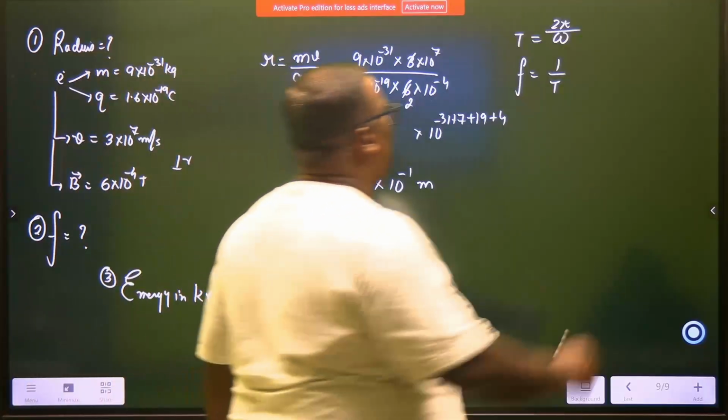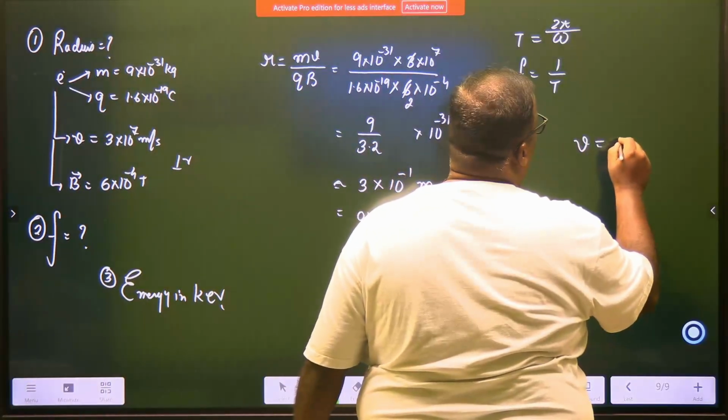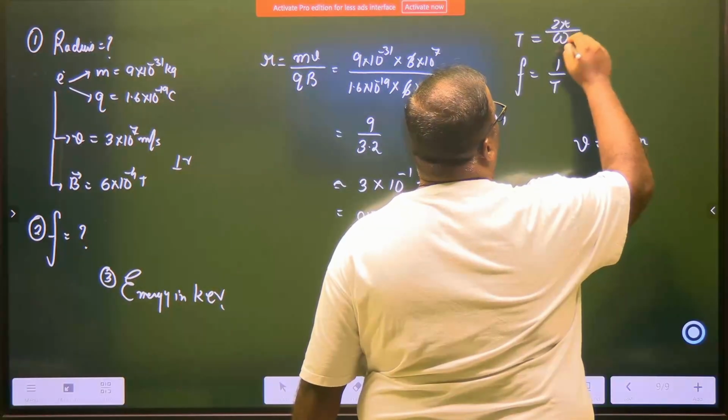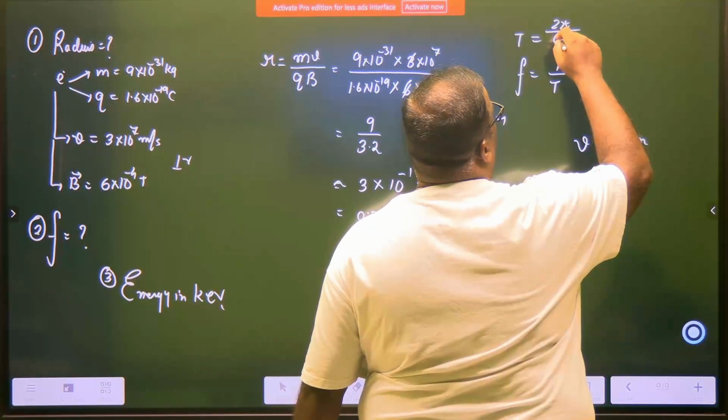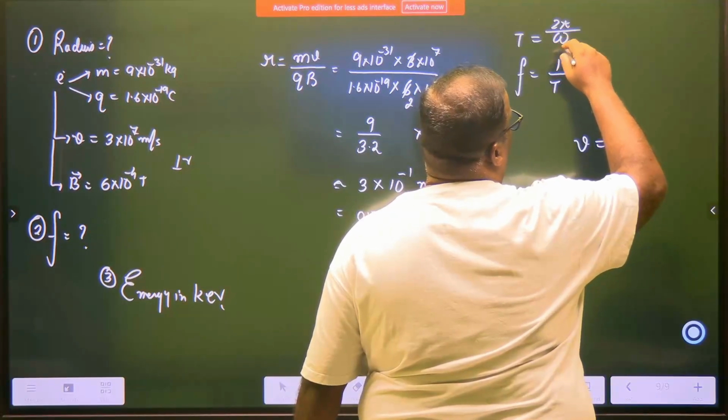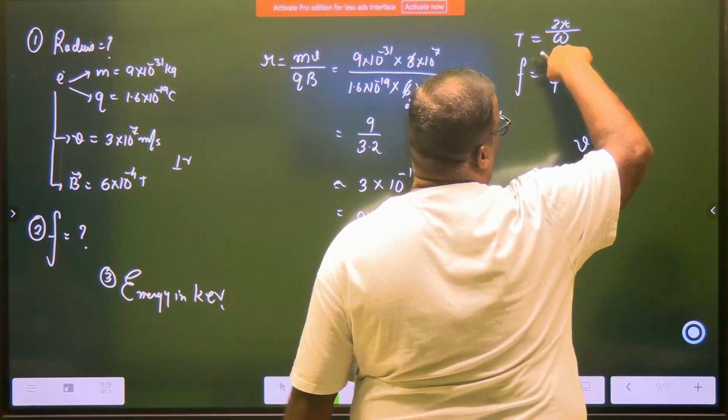Okay, can we find out V is equal to omega R, right? Then T is equal to 2 pi by omega. So from here itself we can find out.